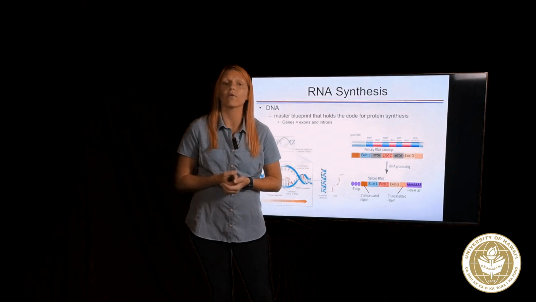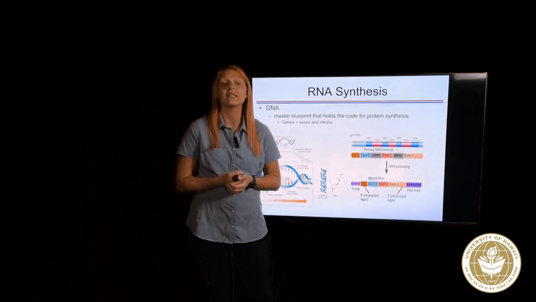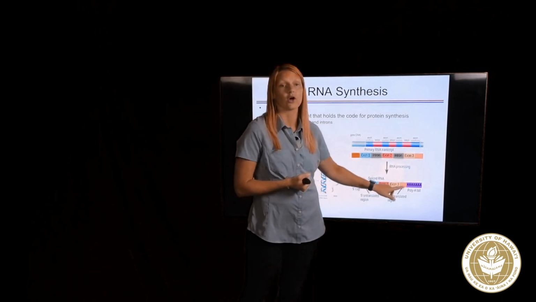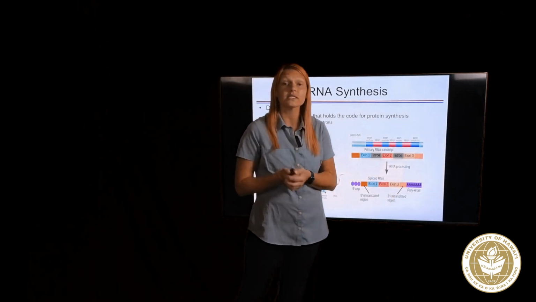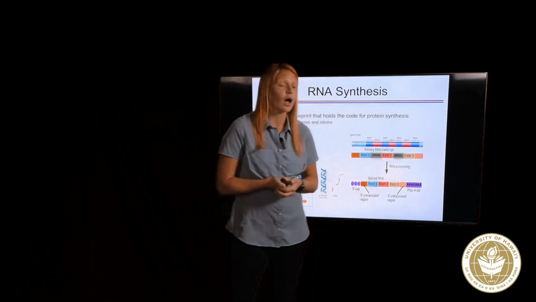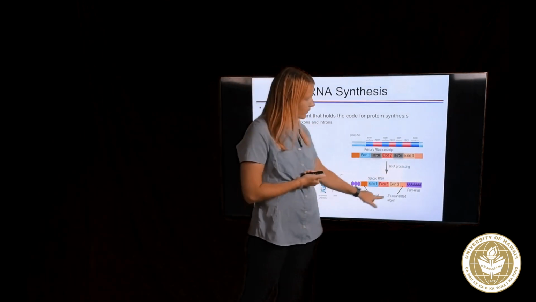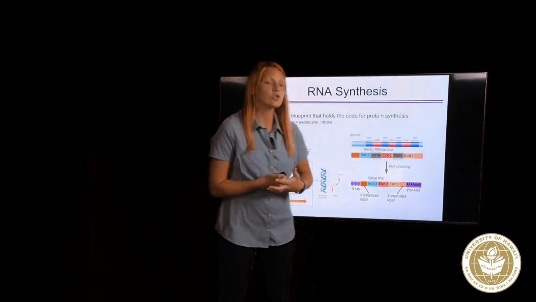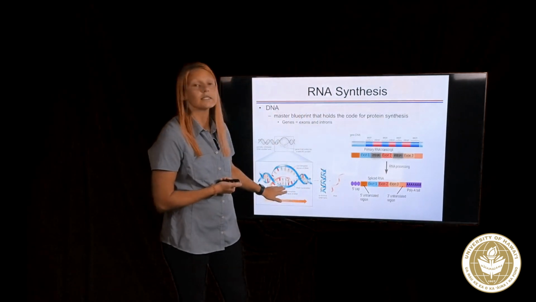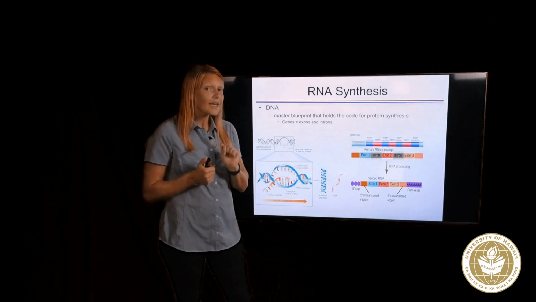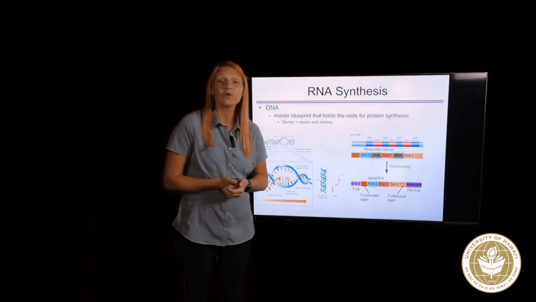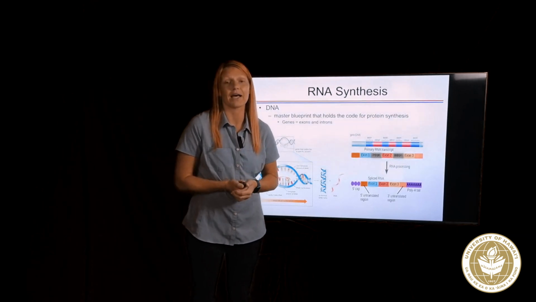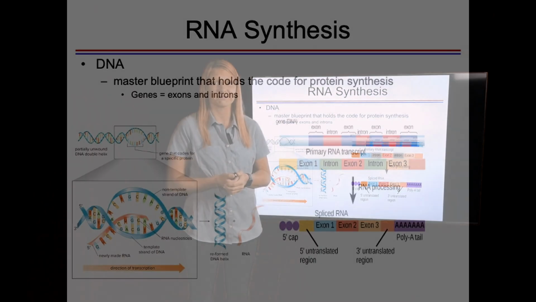So introns are going to be removed by special proteins called spliceosomes, leaving only these exon coding regions. So this is that end product then of your transcription. You have this mRNA. It is complementary to that original DNA template strand. But it is going to be able to leave the nucleus and go out into the cytoplasm for translation to occur.